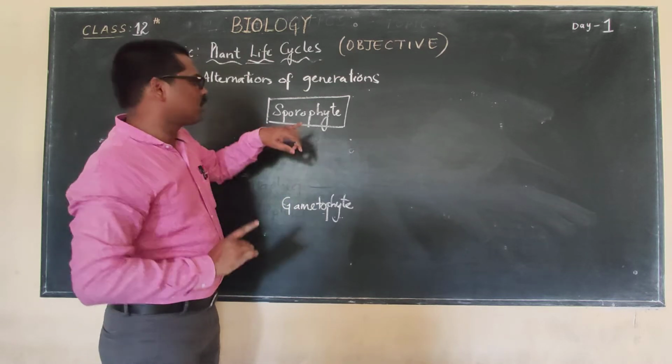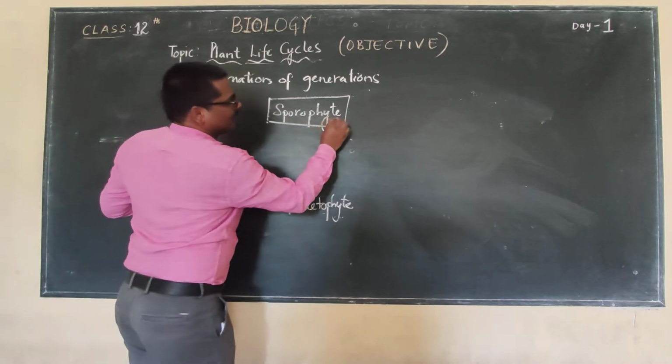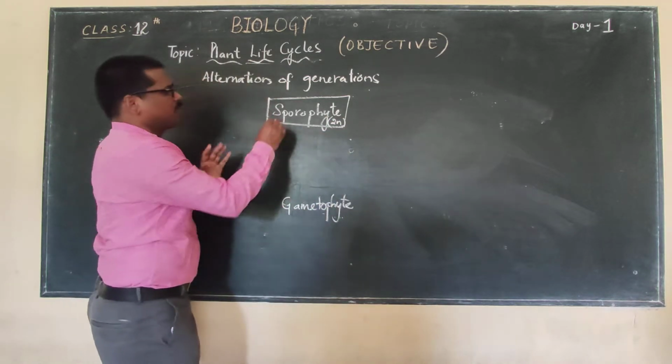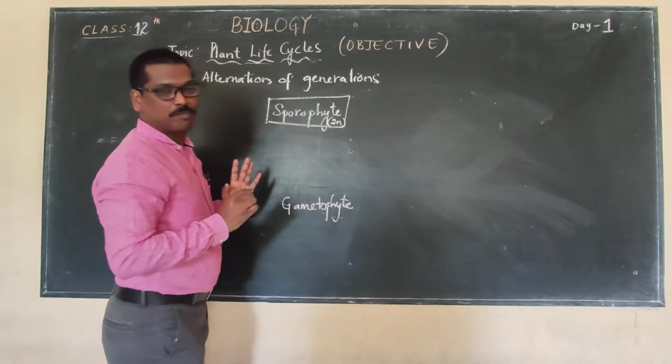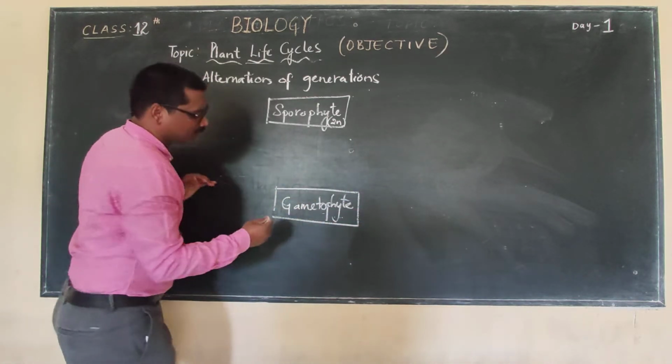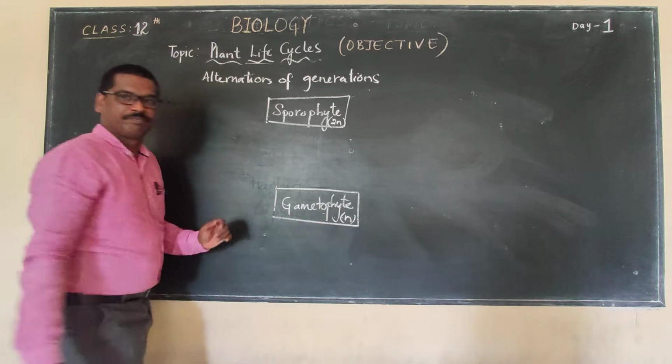Whenever you come across the word sporophyte, it is always diploid, and whenever you come across the word gametophyte, remember that it is haploid.